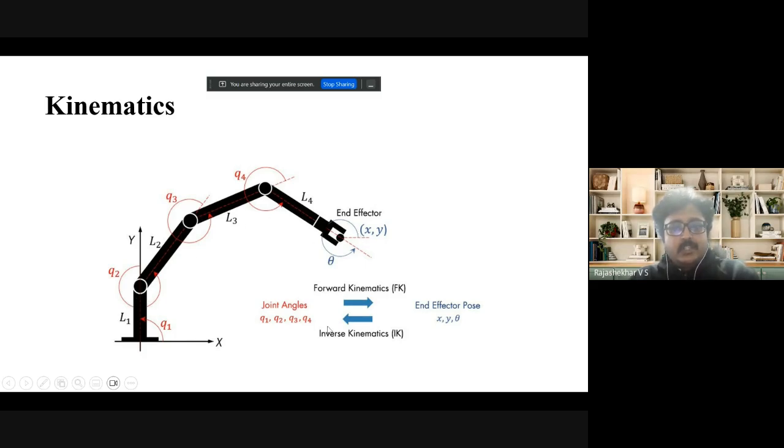So that is called as inverse kinematics. So the x, y, and theta are known, and we calculate the inverse kinematics to get the joint angles Q1, Q2, Q3, and Q4. So in inverse kinematics, Q1, Q2, Q3, Q4 are unknown. Only X, Y, and theta are known. Are you able to understand?